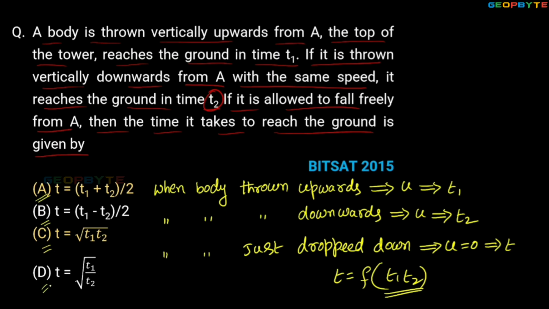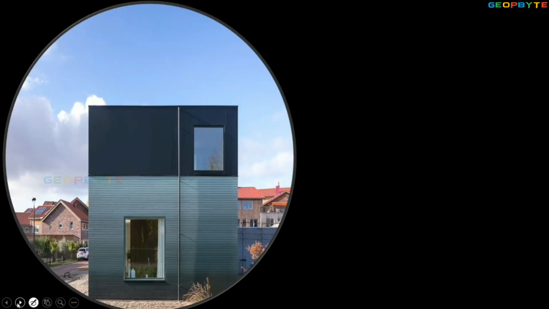Okay. For that, let us take the tower. Look at the tower. This is our tower. Let me mark the height of the tower first. So this is the height of the tower, H. Okay.